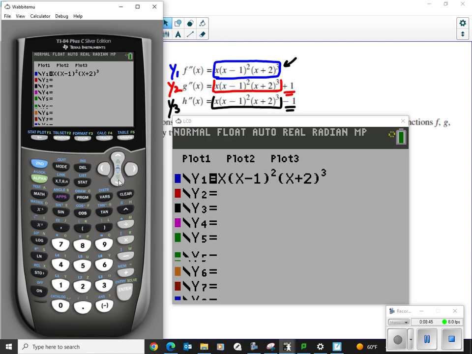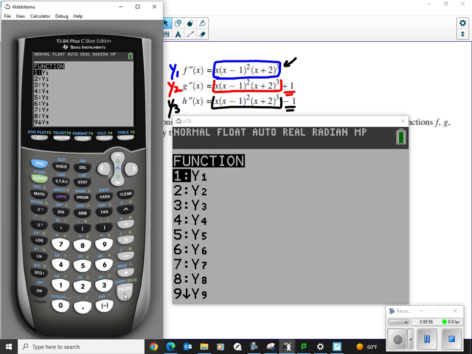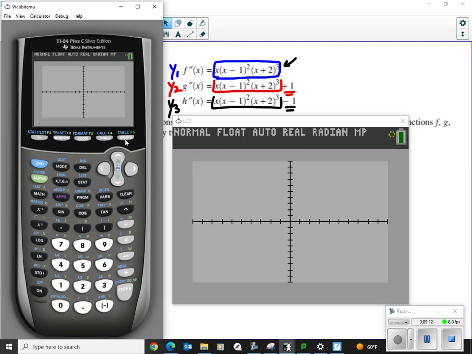Now, I can type all of that and put a +1 at the end, like what's in the red box up there. Or I could just go to vars, y variables, and say I want y1 exactly as it is, but just add 1 at the end of it. And for the next one, I'm going to do the same thing. I still want y1, but now with a -1 after it. And I'm going to graph that.